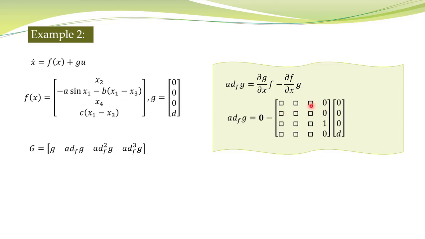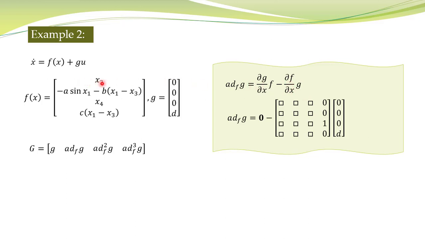I have not written these terms over here, because whatever these terms are, those multiplied with zeros will become equal to 0. So I have only computed the last column of this matrix, which is the partial derivative of f with respect to x4.